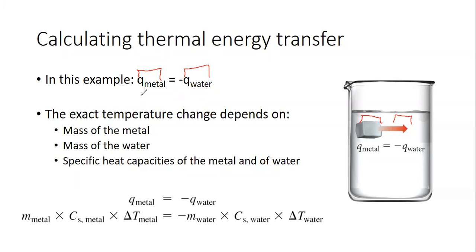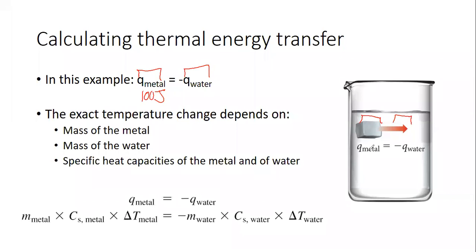Let's say in this example, my metal was actually colder than the water. Let's say my metal gained 100 joules of thermal energy. Based on my system, the only place that energy comes from is the water because it's isolated. It can't get it from the surroundings.